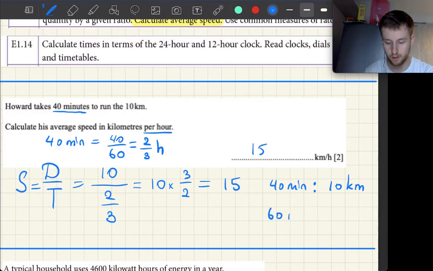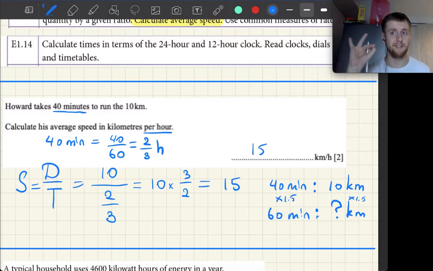We also figure out that 40 times 1.5 equals 60, and then 10 times 1.5 would be equal to 15. We will get the same answer, but the point is there are two different ways to solve these questions. Which one to use? Up to you.